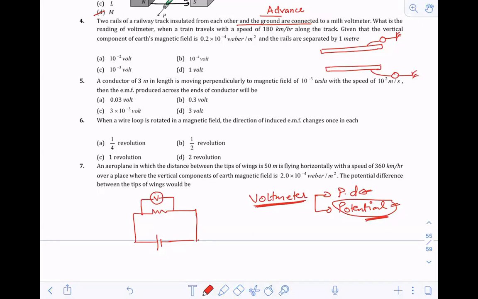If yes, you should tell me how you will make a voltmeter read potential. Balaji and Keshav, how will you make a voltmeter show you the potential value, not potential difference? It measures potential difference only. It cannot measure potential. But if I want to measure potential, how will you do that?